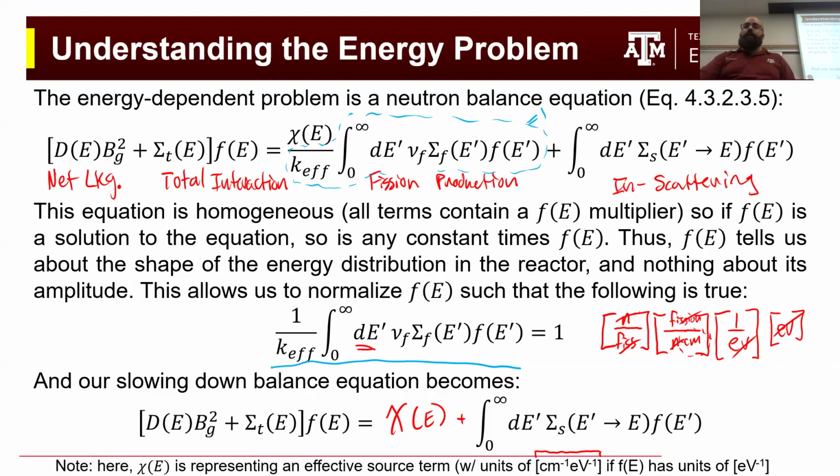So hopefully that makes sense. And if this source term has units of inverse centimeters and inverse energy, that means that if we follow the units on the other terms, we should be able to see the same thing.